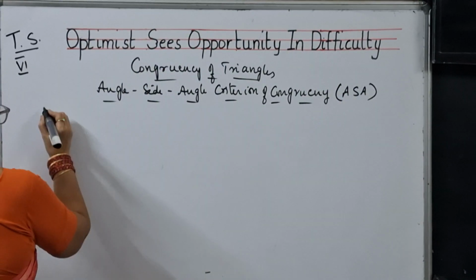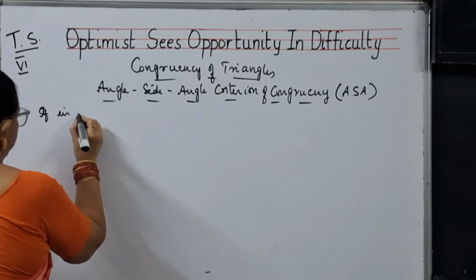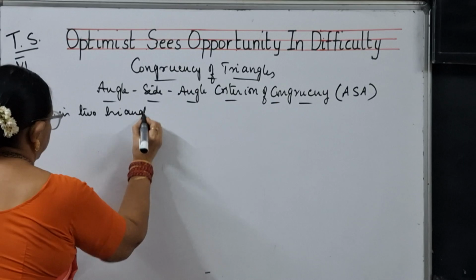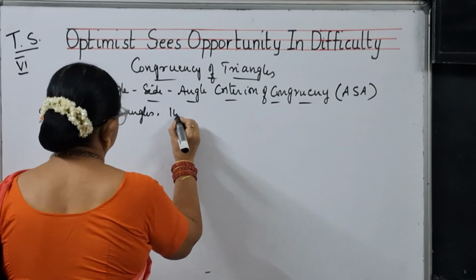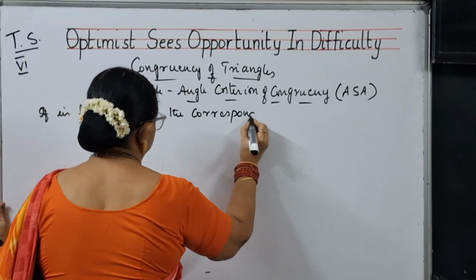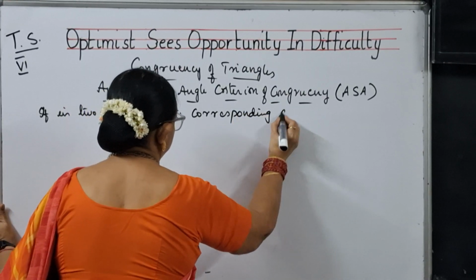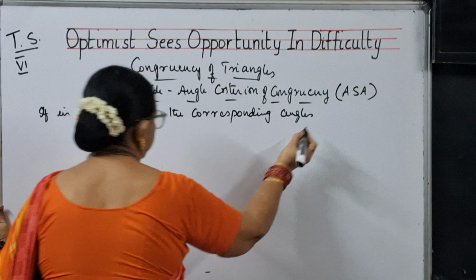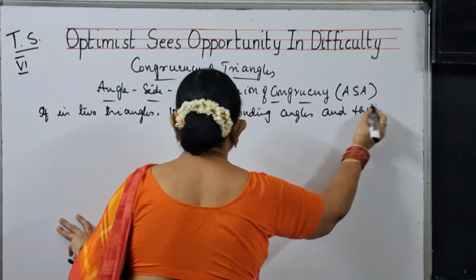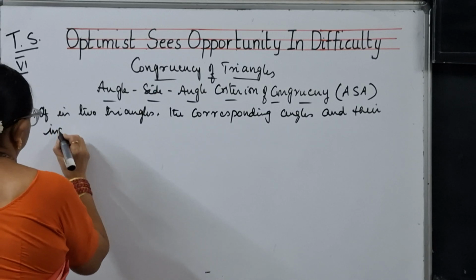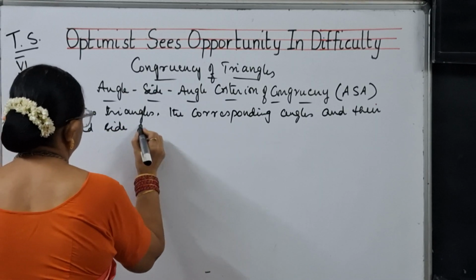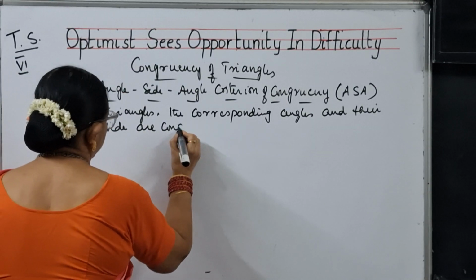What does this say? If in two triangles the corresponding angles and their included side are congruent.